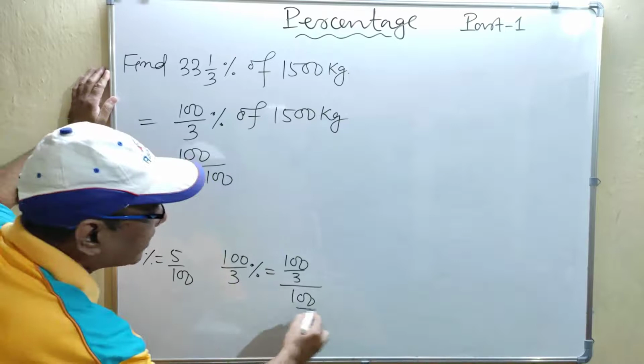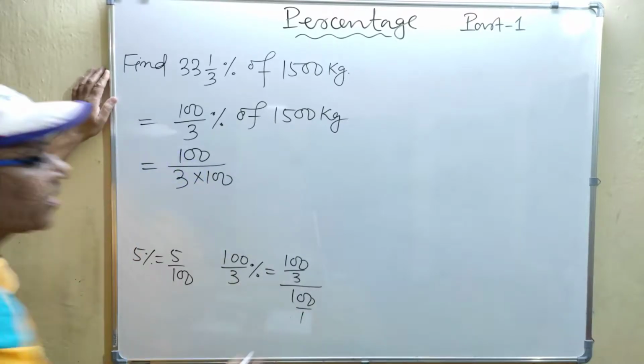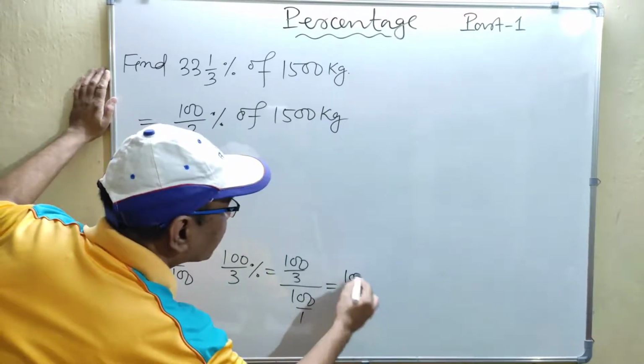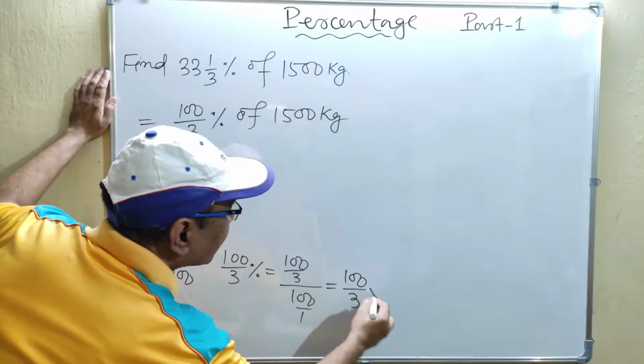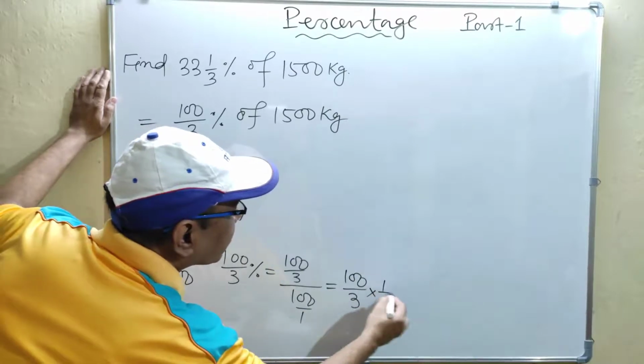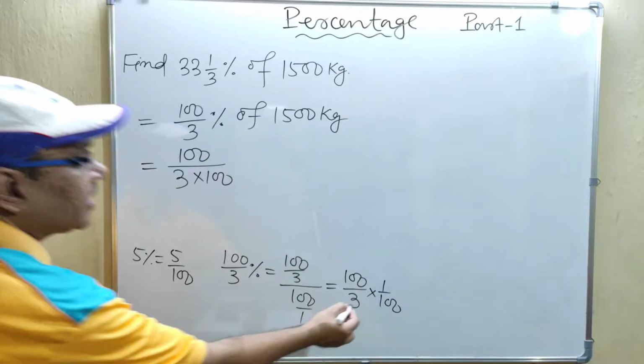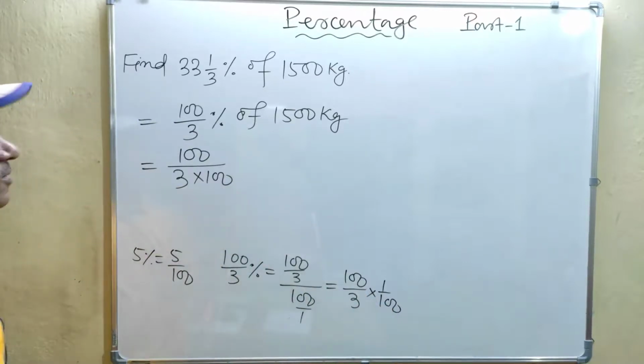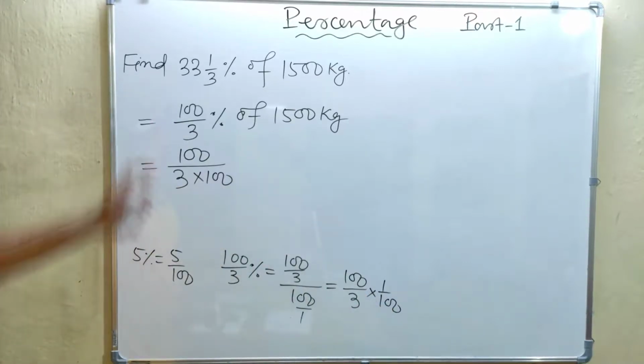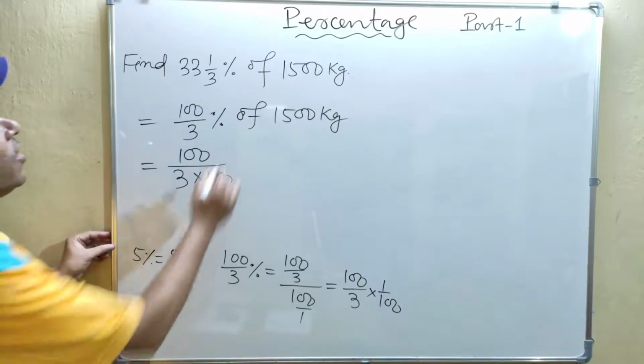Here 100 means 100 by 1. So this can be written as 100 by 3 into 1 by 100. So simply you can write 100 by 3 into 100. This is what it means, 100 by 3%.